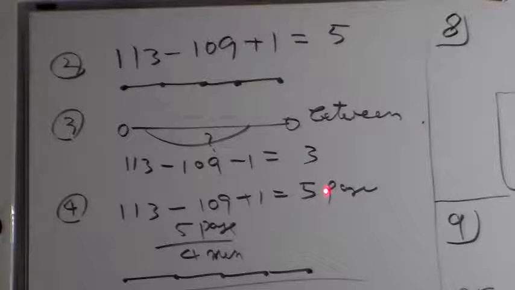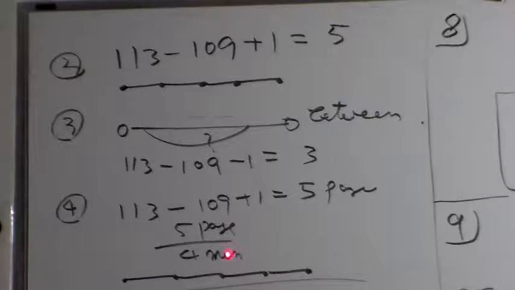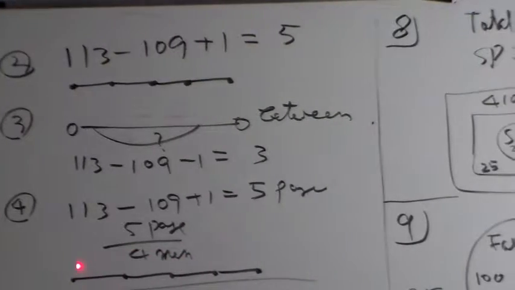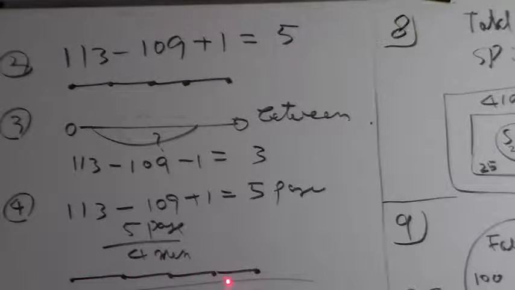So 5 pages. Make sure, this is very interesting and also important. Do not memorize it. Make sure you fully understand this concept. So the answer is 5 pages over 4 minutes. Look at this, every page is included. That's why you have to plus 1.